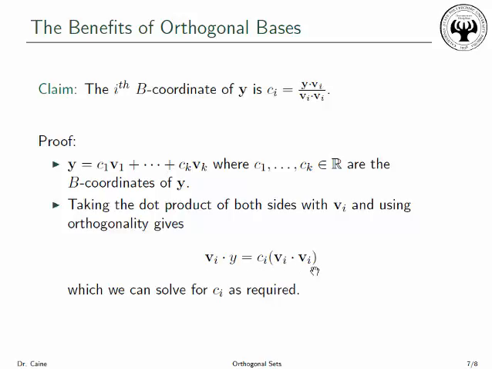So we end up with this formula that Vi dot y is equal to Ci times Vi dot Vi, and because the V's are elements of a basis, they're definitely not the zero vector, so that dot product of Vi with itself is non-zero, and we can divide both sides by it to solve for the unknown, the coefficient Ci.